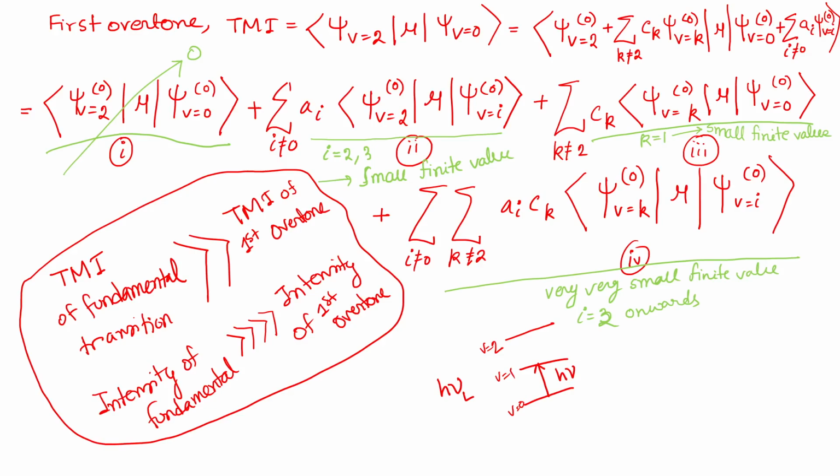IR is absorption spectroscopy. You are providing an energy, and it is getting absorbed and showing that absorption line, right? So what I'm trying to say is that you are providing all the energies. Now, when you are giving the v0 to 2 energy, it will absorb, but the absorption will be very, very less, because the transition moment integral is less.